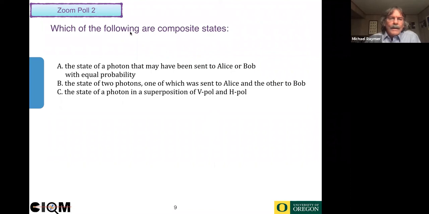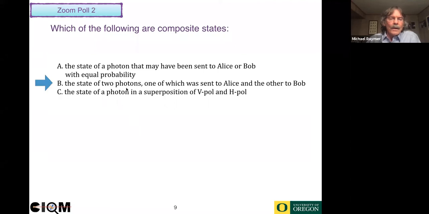People are thinking, but the word composite state always refers to two different objects and not just two different measurements. So A would be one object, one quantum object that could be measured by Alice and Bob, but that's not what composite state means. That would just be two different possible measurements on the same single photon. Since B is the only one with two photons in it, that is the correct answer.